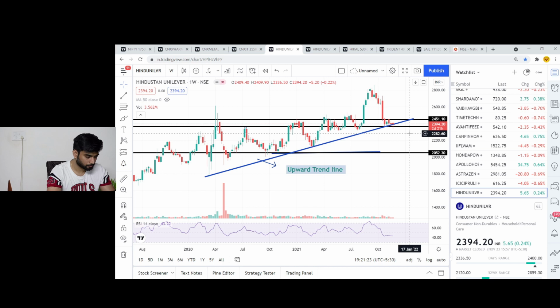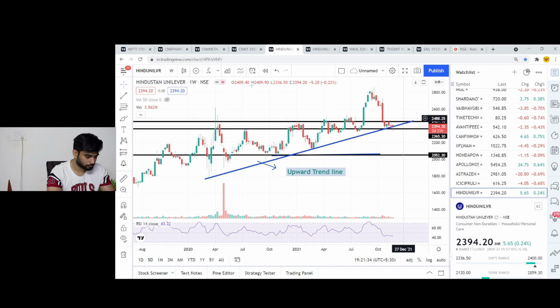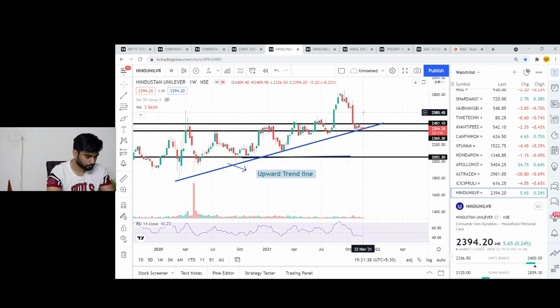Given that the FMCG index is very stable and the overall market looks like it will be slightly bullish till the next expiry, that is Thursday, we can expect Hindustan Unilever to give you a very good risk reward from here. This particular share is very good to add to your portfolio for short term and long term.